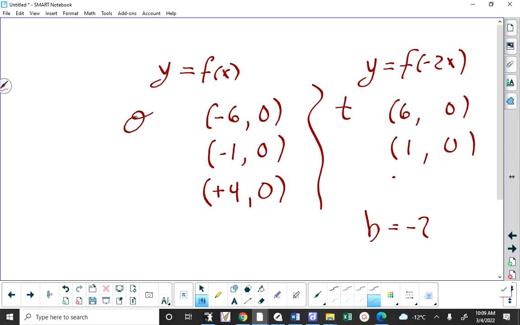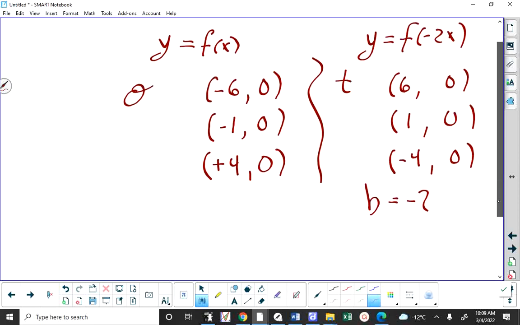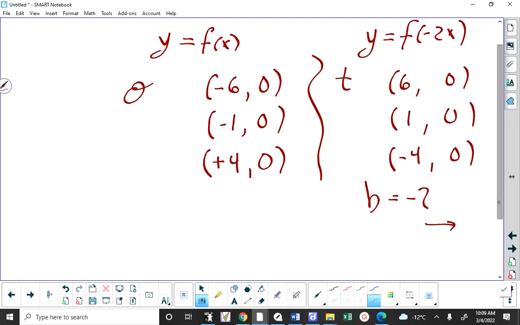The point 4, 0 will become -4, 0. The other thing that happens is we stretch things horizontally by a factor of 1/2, which means we're going to divide all of these x values by 2. So those are the new ordered pairs, and you're asked for the largest x-intercept, which would be 3. 6 divided by 2 is 3. Okay. Other questions?